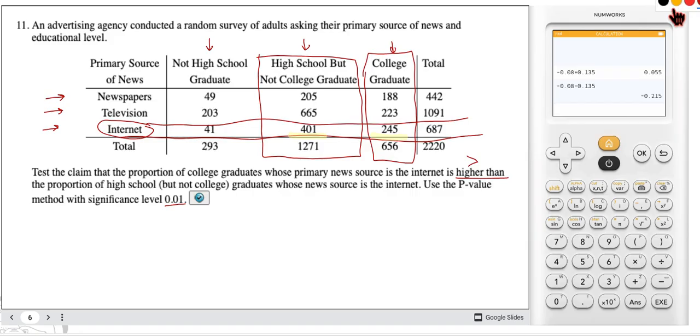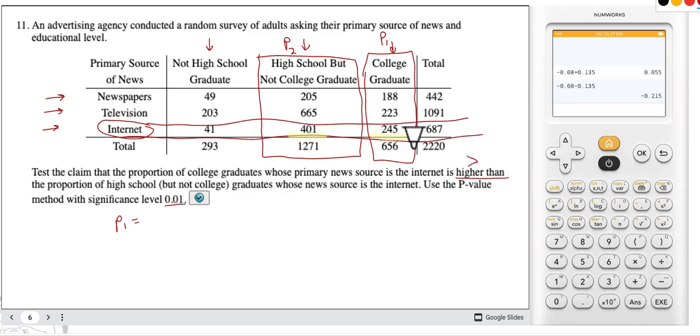So proportion 1 is going to be, and again, the way they ask is college graduates actually comes first. So this is going to be proportion 1. This one here will be proportion 2.